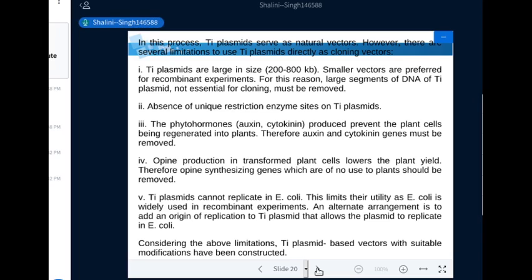For this reason, large segments of TI plasmid DNA not essential for cloning must be removed. The absence of unique restriction enzyme sites on the TI plasmid is not preferable for transformation.